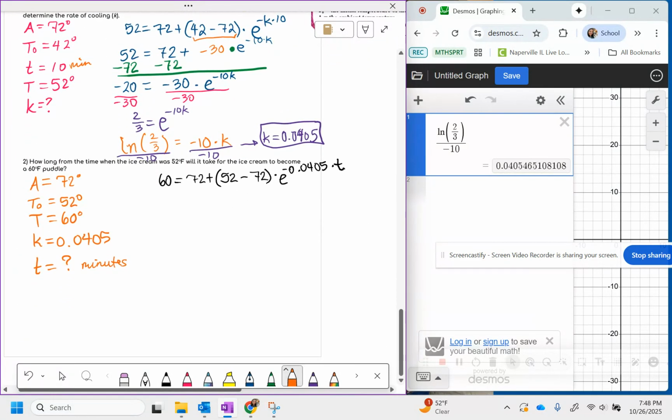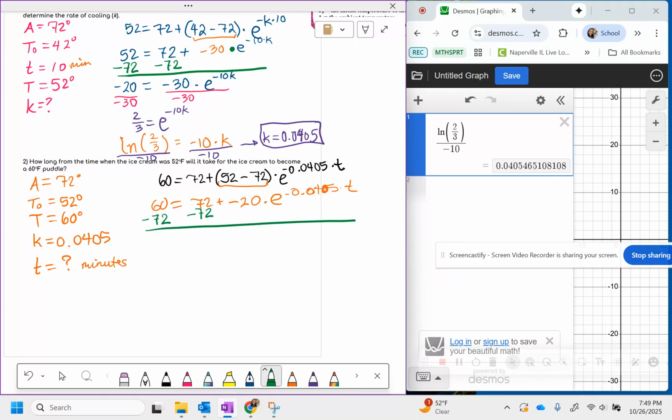So again, I will do what's in the parentheses first, and I will get negative 20 times all this good stuff. And then I will have to get rid of this 72, so I will subtract 72 on both sides. That will give me negative 12 equals negative 20 times e to the, all this lovely stuff.